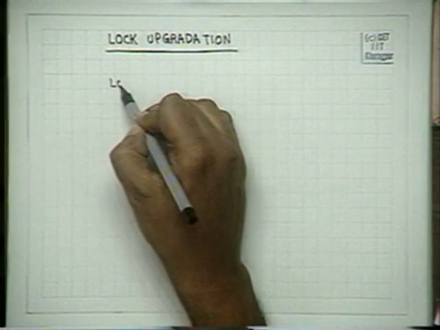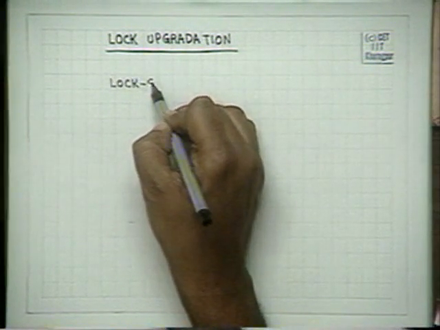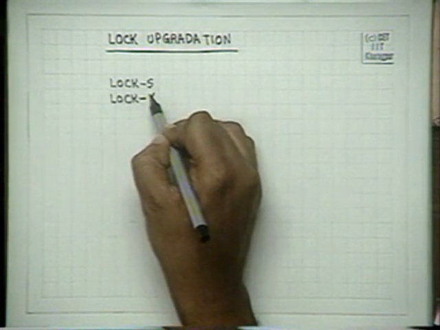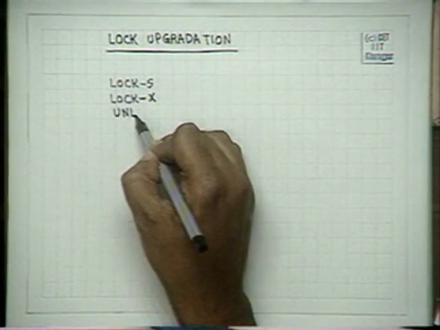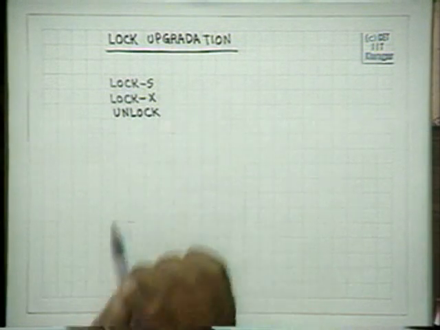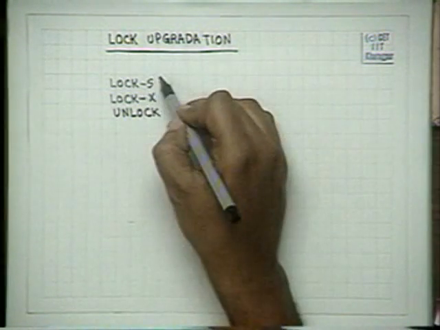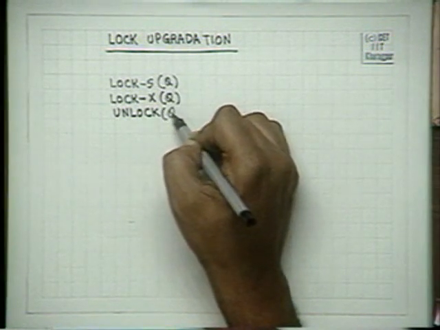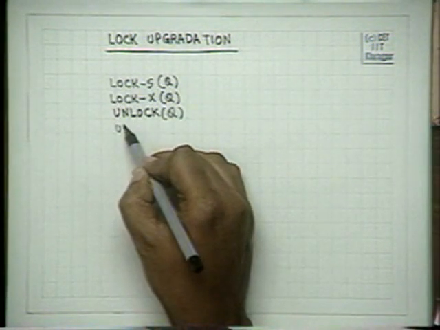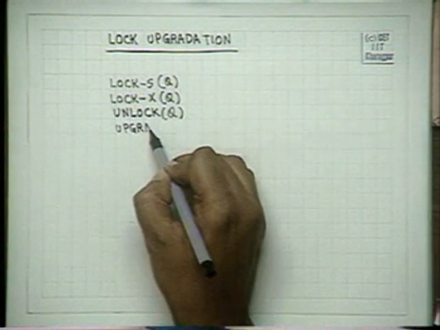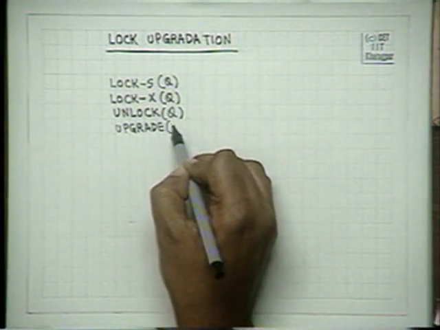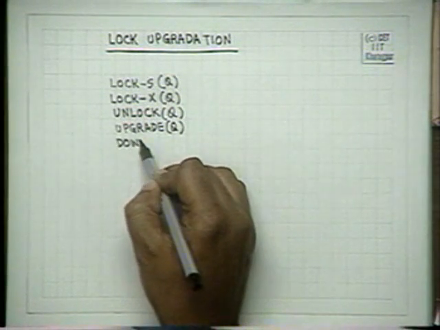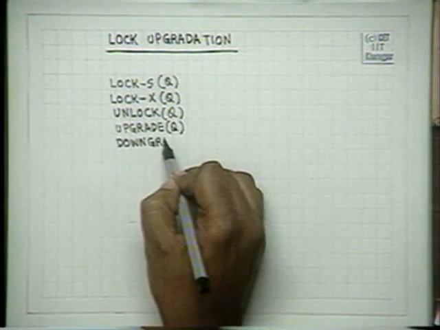We have got lock S, lock X and unlock. We have got these three functions. We add some more functions. We add two functions, upgrade Q and downgrade Q.